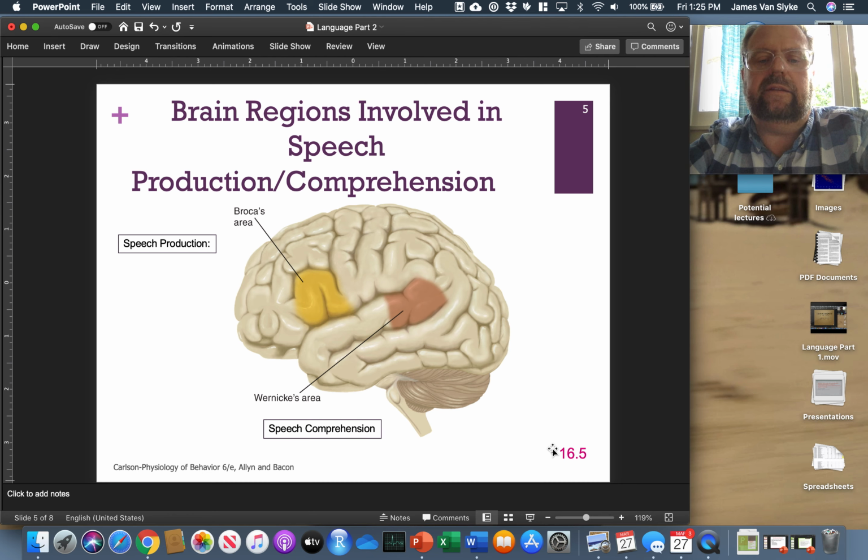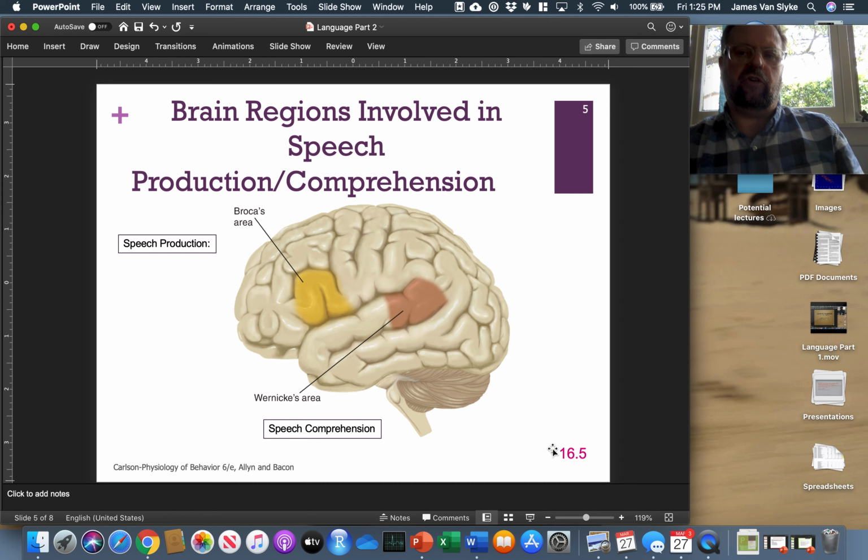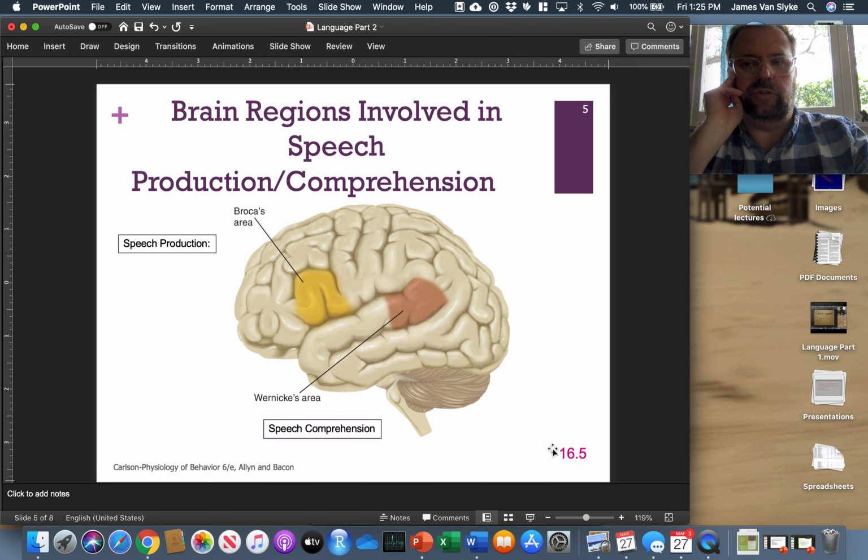You'll notice that Wernicke's area is located in the temporal lobe, and we know that the temporal lobe is where we identify different kinds of objects and probably where a lot of our semantic memory lies. So Wernicke's area is part of the structures that create our ability to know what a word is.